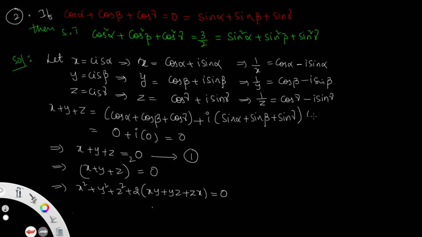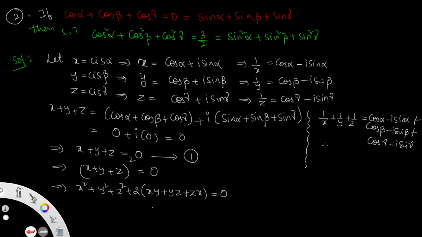In the similar way, we write 1 by x plus 1 by y plus 1 by z as cos alpha minus i sin alpha plus cos beta minus i sin beta plus cos gamma minus i sin gamma.